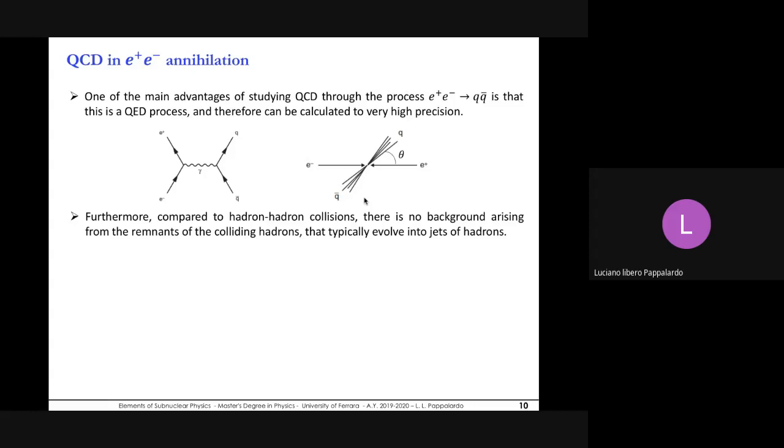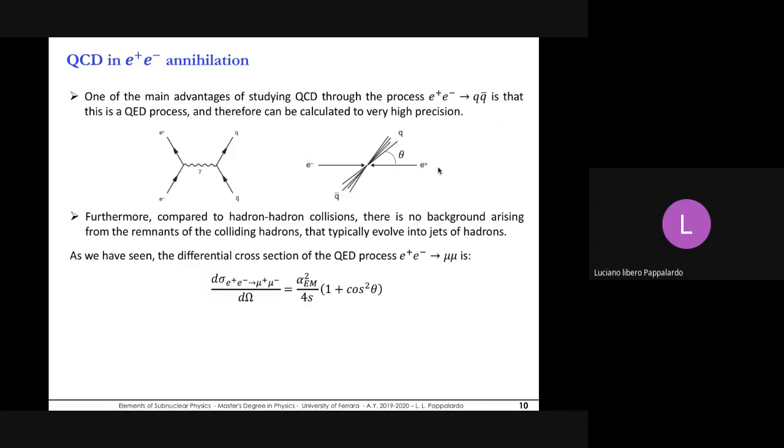They also contain other quarks, the remnants, and these quarks at the end have to hadronize as well. So in your final state, you will have many different hadron jets, and it will be difficult to distinguish the signal from the background. If instead you use e+ e- in the initial state, we don't have this problem anymore. So there are at least 2 main advantages of studying QCD in e+ e- collisions.